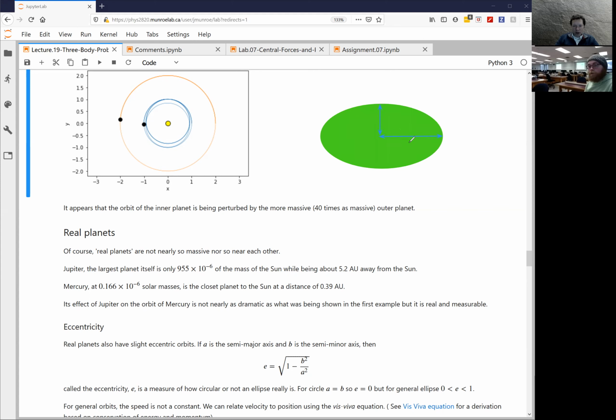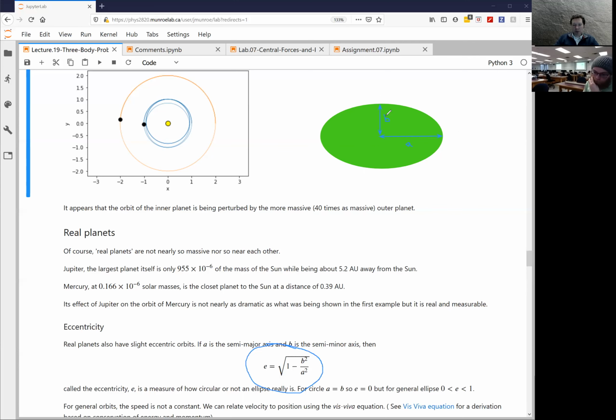So often we call this the semi-major axis, and this is the semi-minor axis. Now for a circle, these two axes are the same, so we just call it the radius. But for an ellipse, you have these different dimensions along the long side and the short side. One way of classifying an object as being more elliptical or more circular is to talk about its eccentricity.